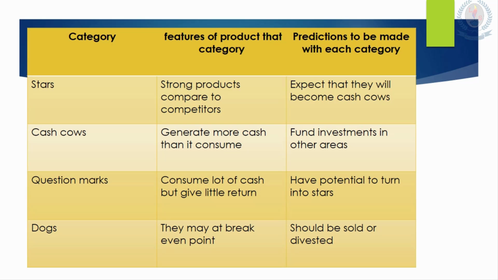We categorize strong products which have a high relative market share and a high market growth rate when compared to competitors. That is why we use the word relative market share. Then we can predict that they will become cash cows.